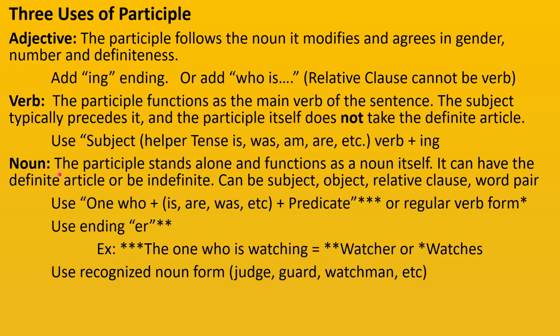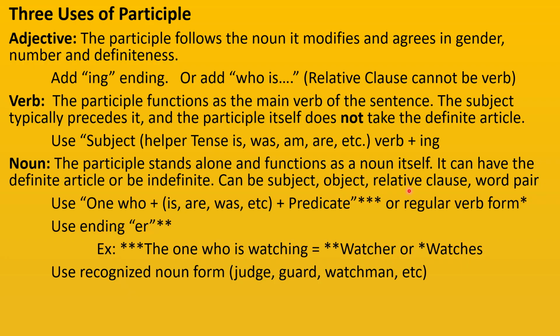If it's the noun, the participle stands alone, functions as the noun, meaning it can have a definite article in front of it, or it can be indefinite. As a noun, it can be the subject of the sentence. It can be the object of the sentence, the direct object or the object.